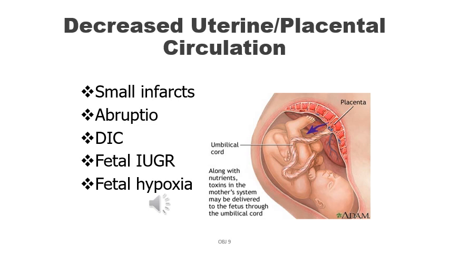With decreased placental circulation, one of the results is you're going to have small infarcts, and those are when there is necrosis or cell death, and that can increase the risk for abruption, which can lead to HELLP syndrome, which can lead to DIC. They all kind of play together and lead into one or the other. You can have fetal IUGR, and the result of all of these is fetal hypoxia, which of course we want to avoid at all costs.